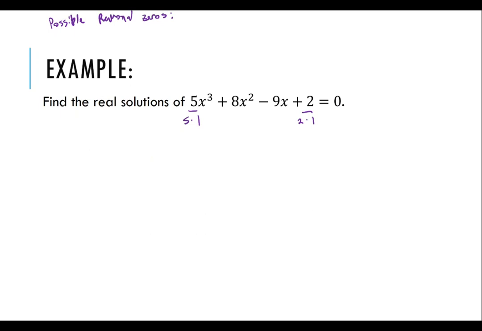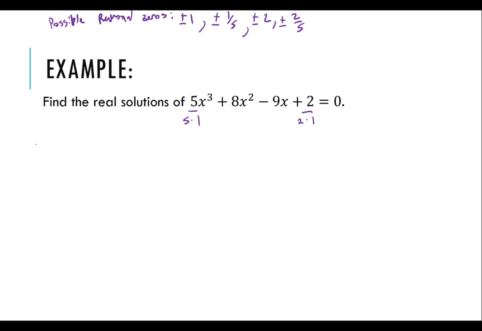So our list of possible rational zeros is 1 over 1, or plus or minus 1, 1 over 5, so plus or minus 1/5, 2 over 1, so plus or minus 2, and 2 over 5, plus or minus 2/5. Once again, this is a possible list of rational zeros.